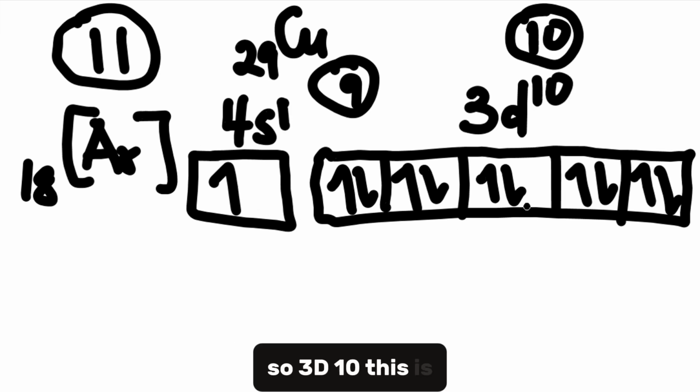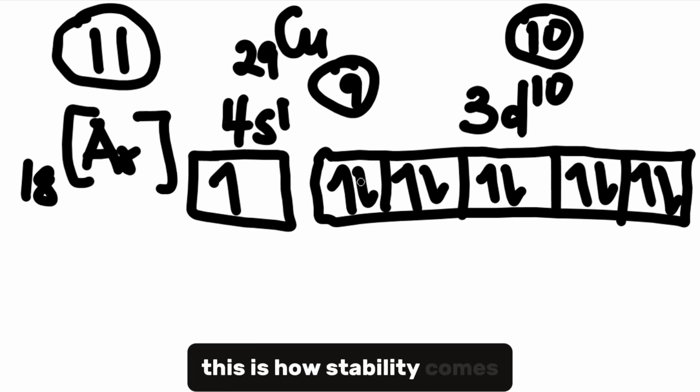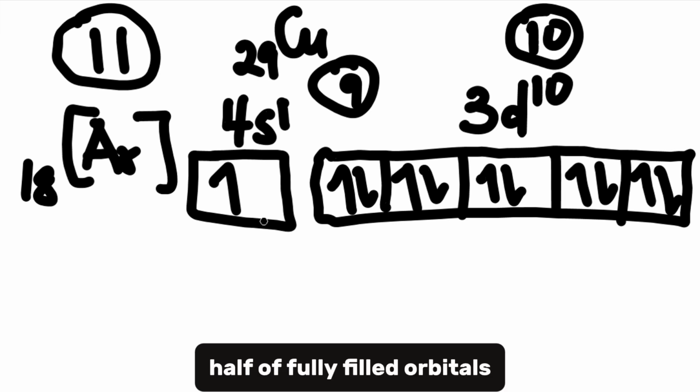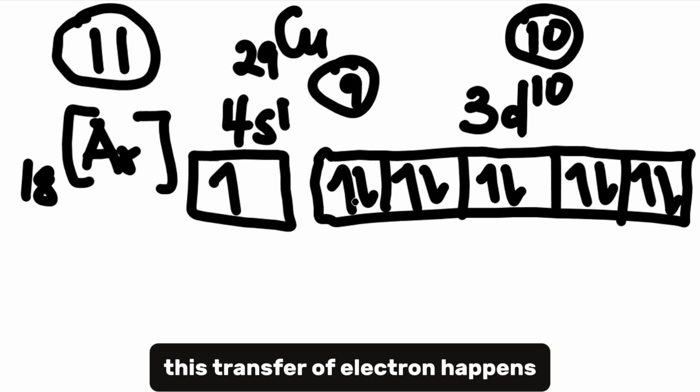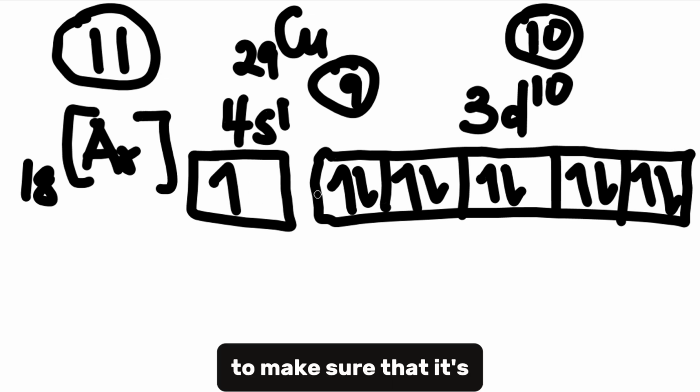So 3d10. This is the full stability. This is how stability comes in, because half or fully filled orbitals are stable. Because of that stability, this transfer of electron happens.